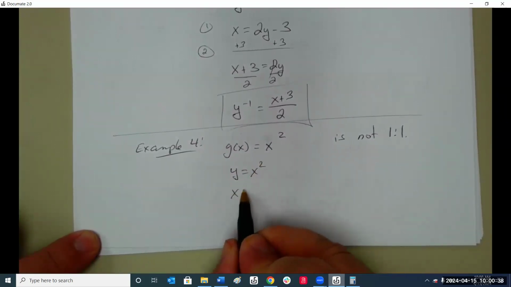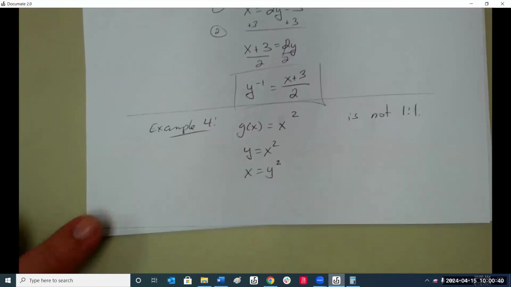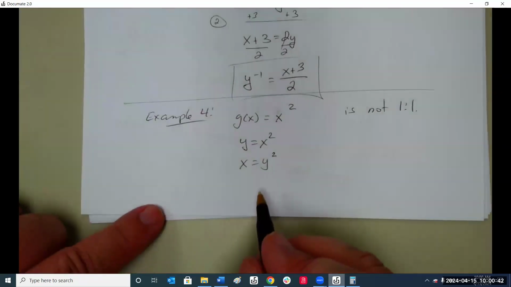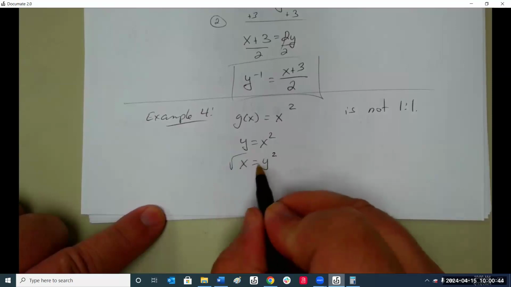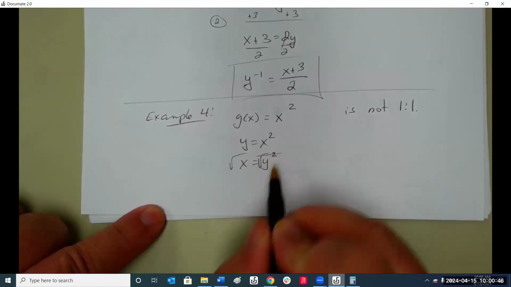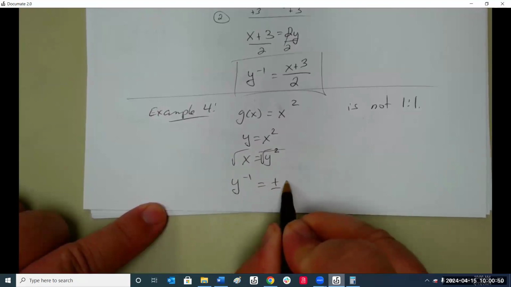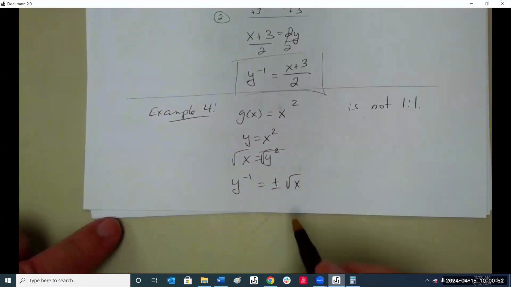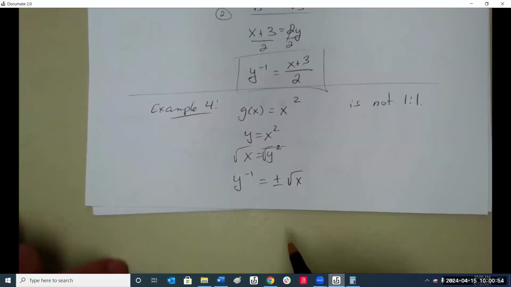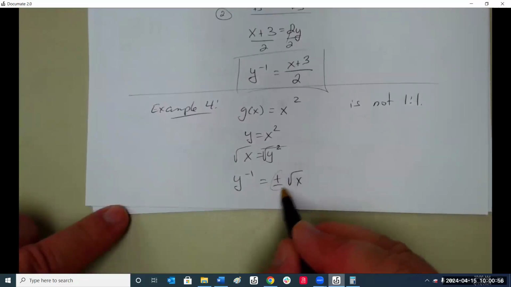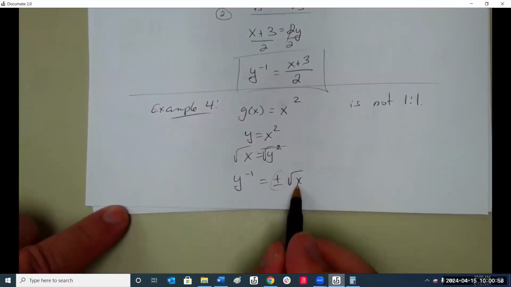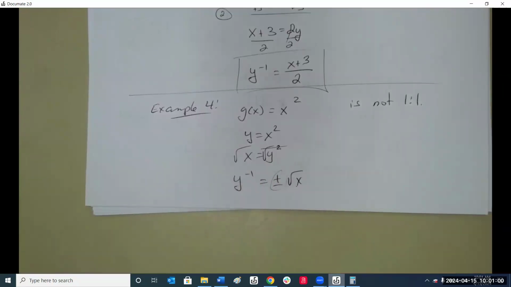So we switch X and Y. How do you get Y by itself? Whenever you square root a squared term, what happens? It becomes plus or minus. Is it 1-to-1? No, because for any one value of X, there's a plus or minus Y that goes along with it.